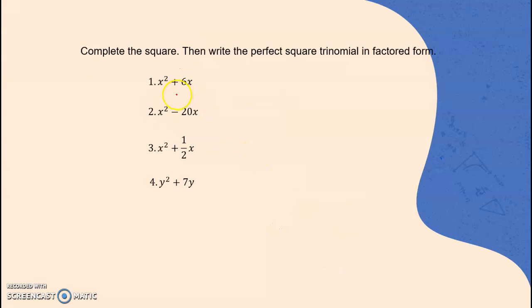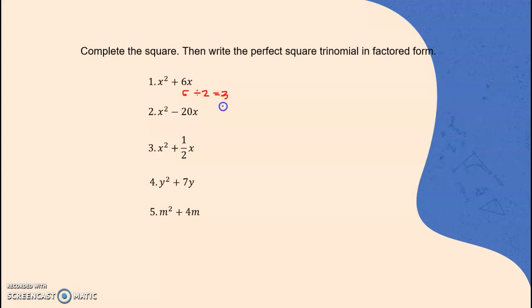So, itong 5 na to. So, let us complete the square, and then after completing the square, we write it in a perfect square trinomial factored form. So in the number 1, what should be added to make it a perfect square trinomial, or to make this one complete? So half of 6, that's 6 divided by 2, that's 3, right?